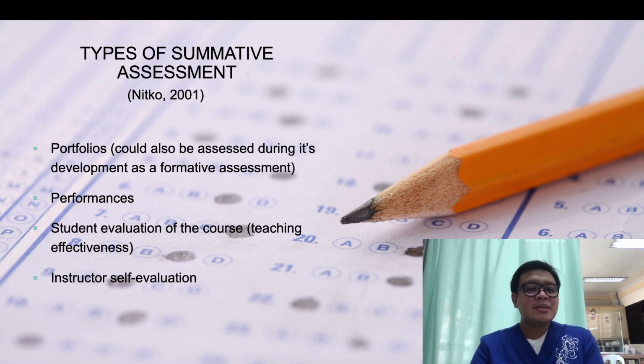And lastly, instructor self-evaluation. It's also very important that as an instructor, we identify our own capabilities and skills. There are times we have to determine our strengths and weaknesses because it's one way to determine if we're doing it right and if we are still aligned with where the institution is going.